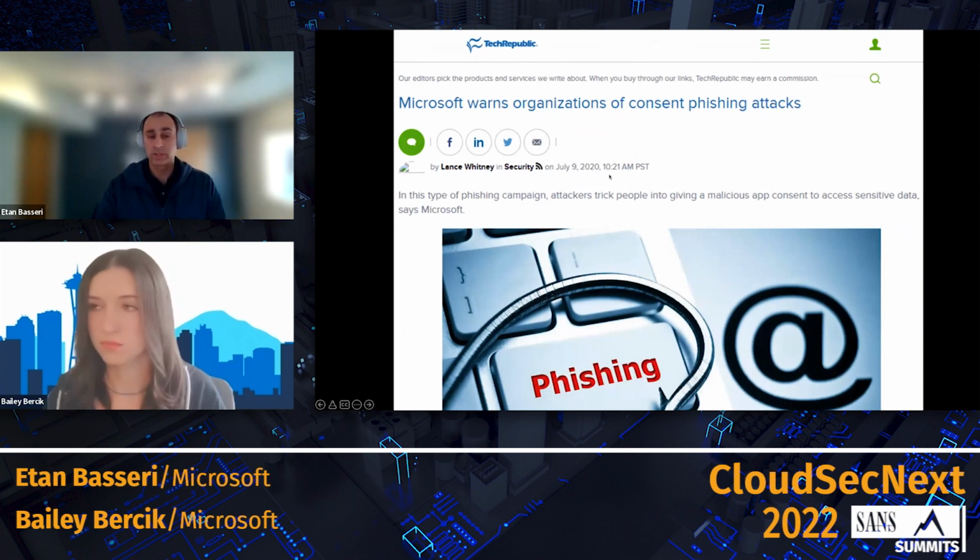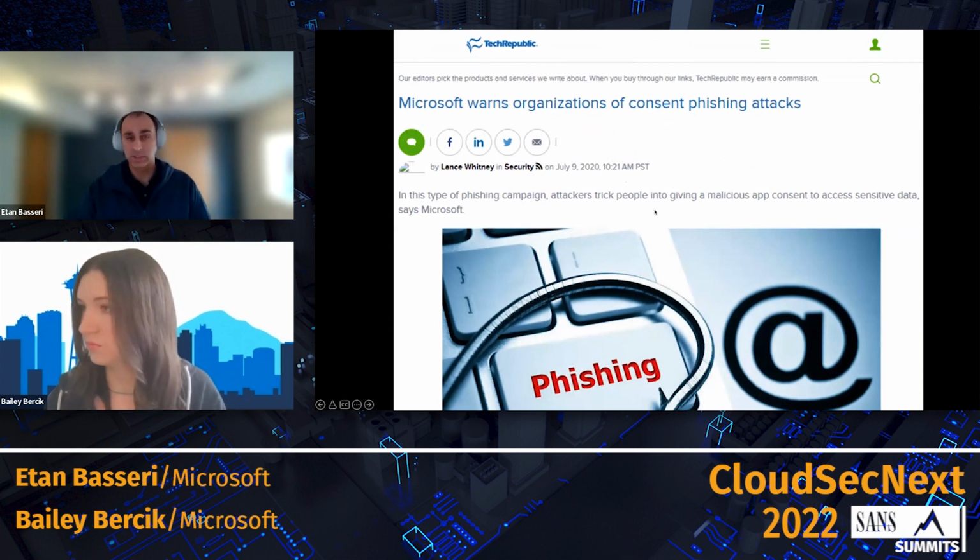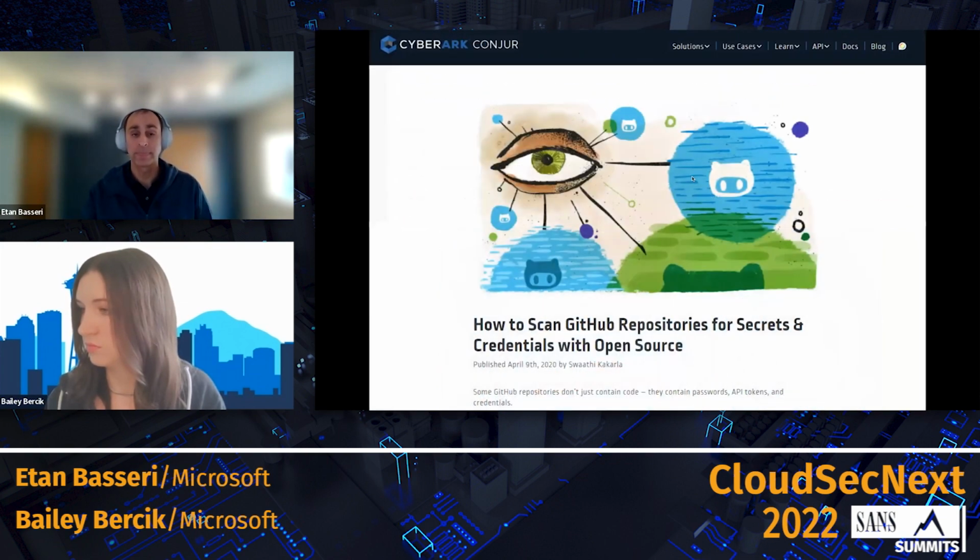Now, one thing that we've known about for years is the threat of consent phishing attacks. I'll walk you through the example, but it's not news to anybody here. And another thing that's been known for probably even longer is credentials in code, knowing that many application developers, unfortunately, have a practice of putting their credentials in plain text in code repositories, often public code repositories.